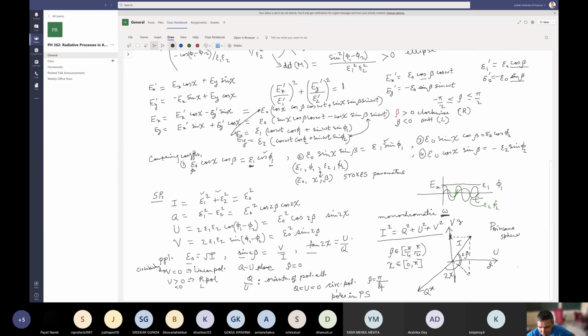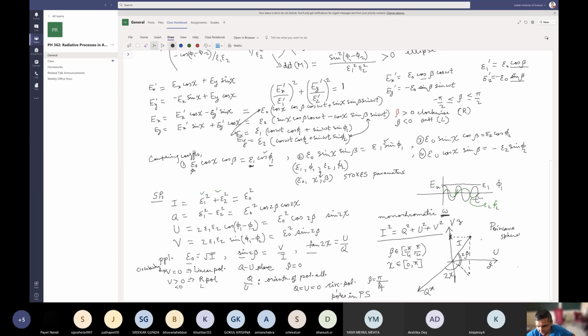If V is equal to 0, that means your I lies in this QU plane, and that means beta is 0. If you recall, sine beta was the value of the semi-minor axis, so sine 0 is 0. So the ellipse becomes a line when beta is 0. That's why V equal to 0 is linear polarization.